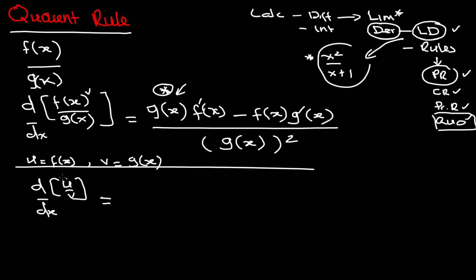Now we're going to start with v as our start function. Then we're going to obtain du over dx. Okay. Then we can't interchange these. They have to come in the same format. Then u is the one that comes this side, and then we do dv over dx over v squared.